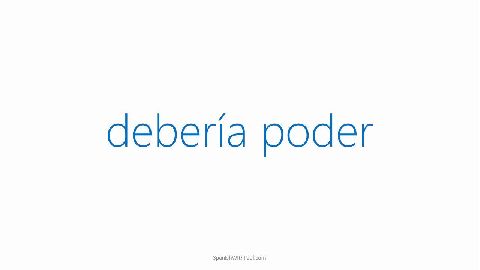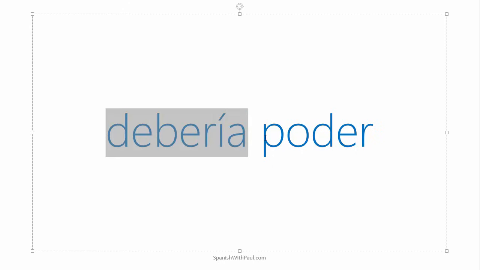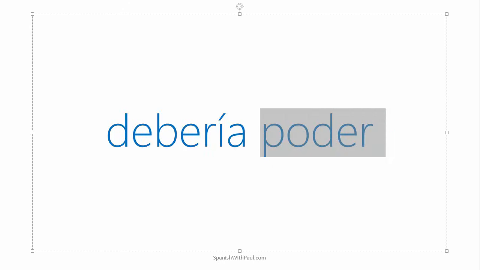For example, I should be able to would be debería poder. Here we have I should, and this is be able to. And this is very useful because I should be able to is something we say all the time in English.